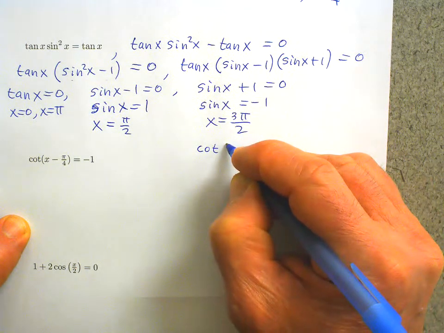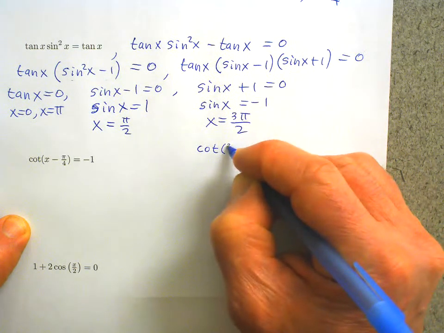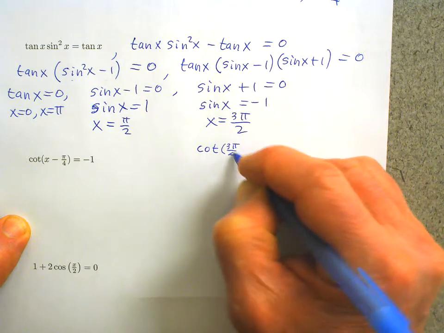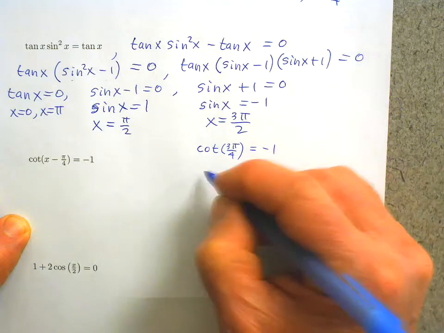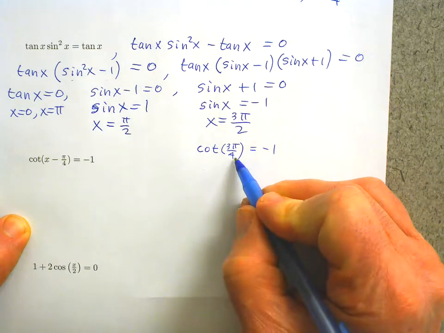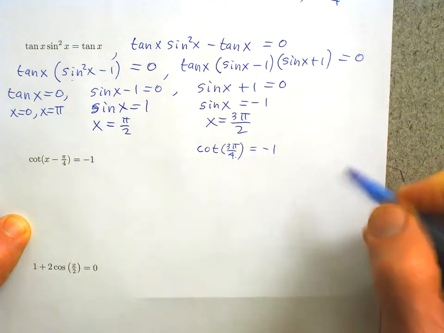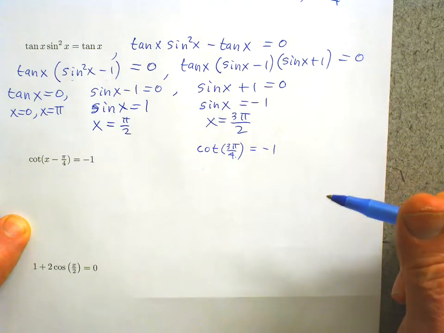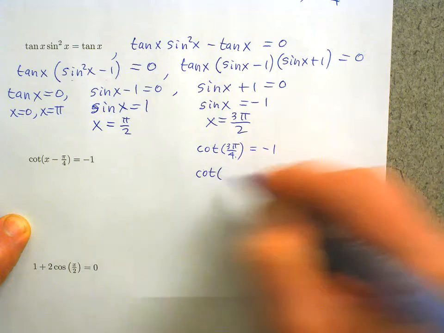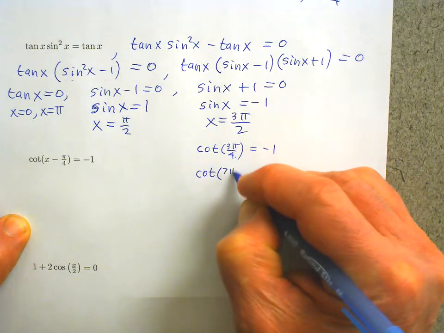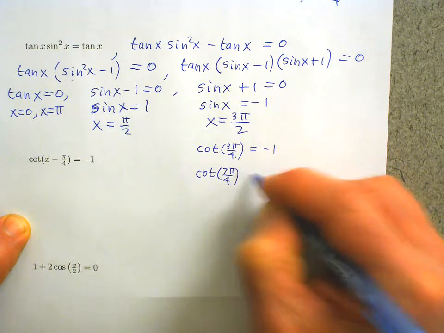Cotangent of 3 pi over 4 is negative 1. This is in the second quadrant. Cotangent is positive in the third quadrant, but in the fourth quadrant, cotangent of 7 pi over 4 is negative 1.